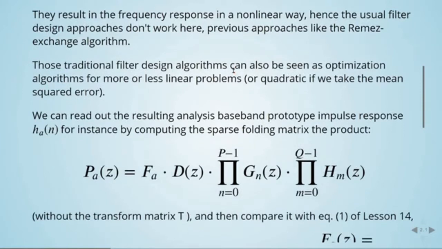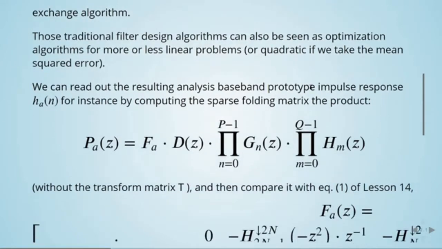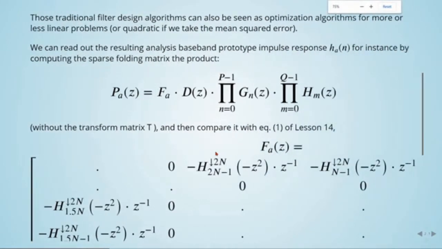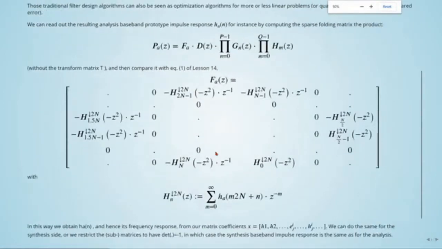We know that we can read out the analysis baseband prototype impulse response HA of n, for instance, by computing the sparse folding matrix of the product given here, without the transform matrix T. And if we compare it to equation 1 from lesson 14, it was this matrix shown here with this diamond shape.